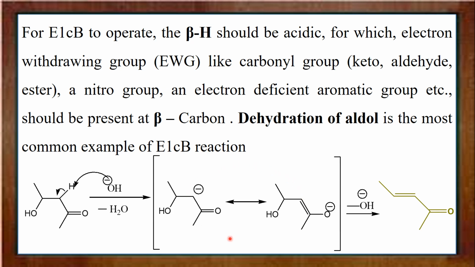So the carbanion, the conjugate base, is resonance stabilized and stable. And in the slow step, the minus charge carbanion pushes this anionic leaving group out to generate the double bond. So this is the dehydration of an aldol, a good example for E1CB elimination.